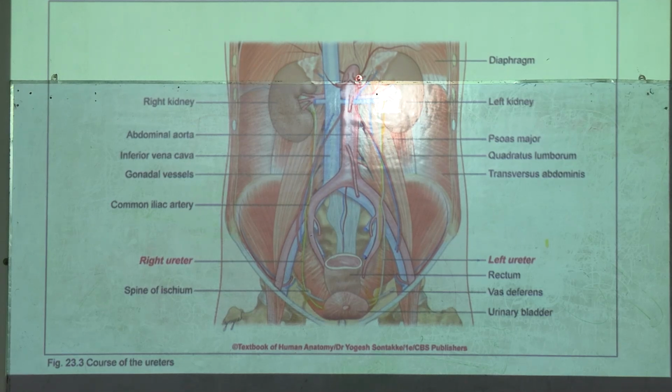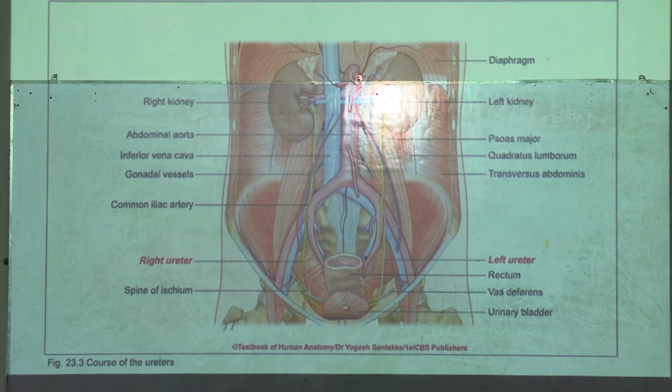So during hysterectomy or removal of the uterus, when we are putting the clamps over the uterine artery, we may affect this ureter.